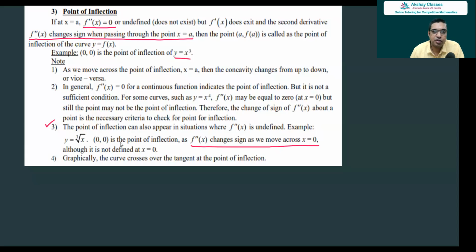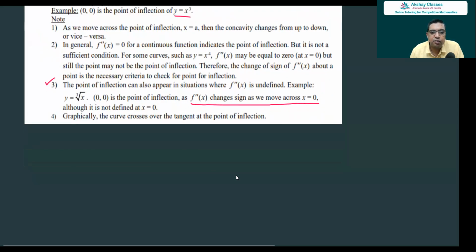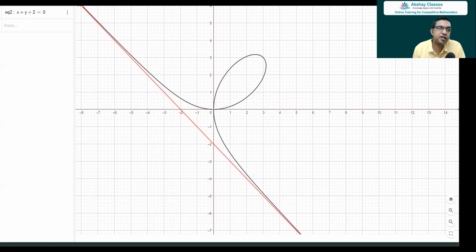You can try this out. So in the strict definition, if at x equal to a, f double dash x is 0 or undefined, that means f double dash goes to infinity. Sorry, the point of inflection still exists as long as the second derivative changes sign.